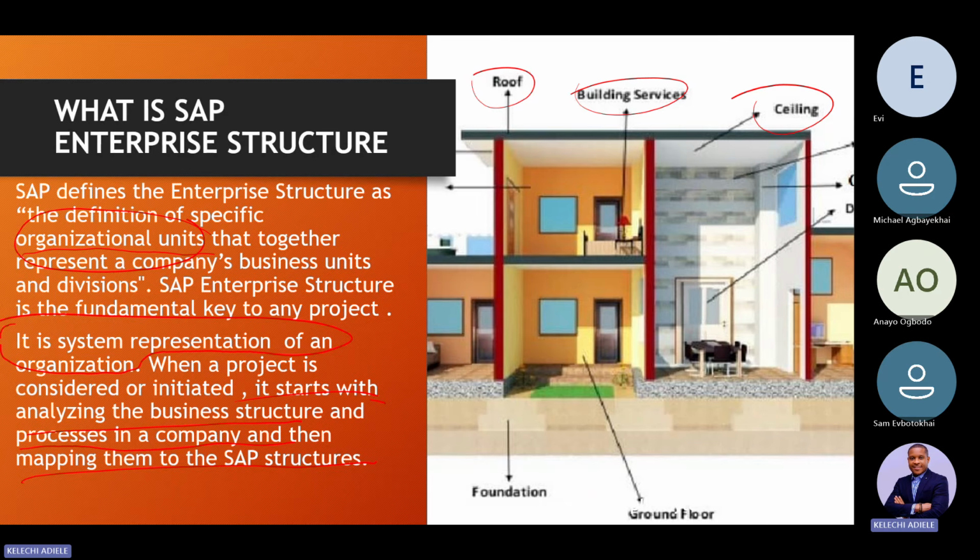And again, why understanding SAP is important, because you have to map all you have gathered into SAP structures. So you need to also understand SAP structures, SAP organizational objects. That's what we call the structures. So we have business structure and we have organizational unit, which is SAP structure. It is bringing those two together that is configuration.